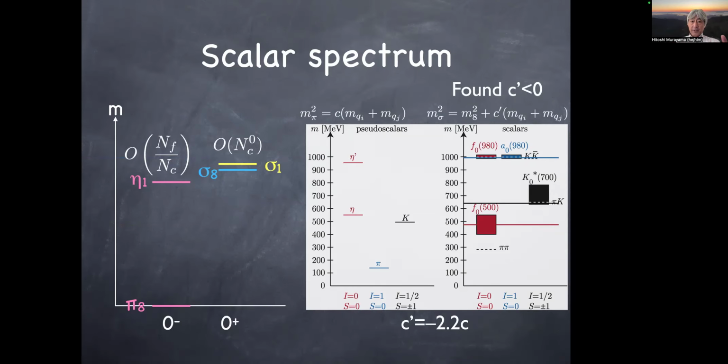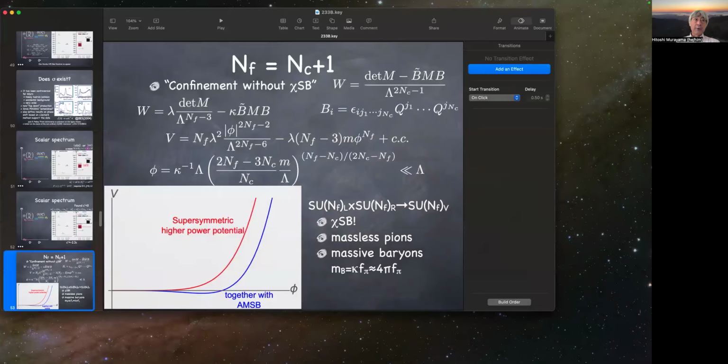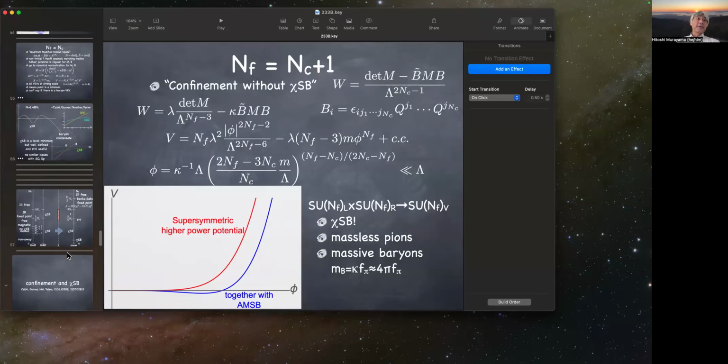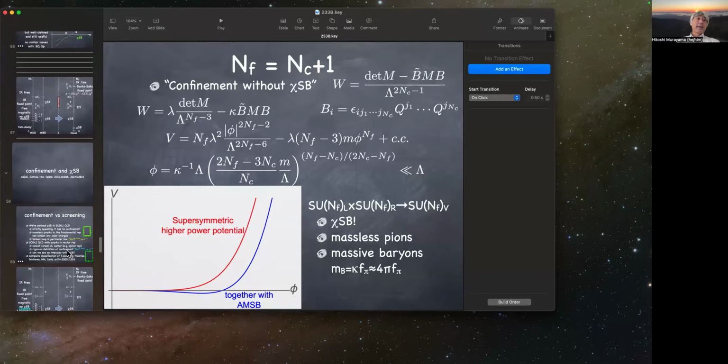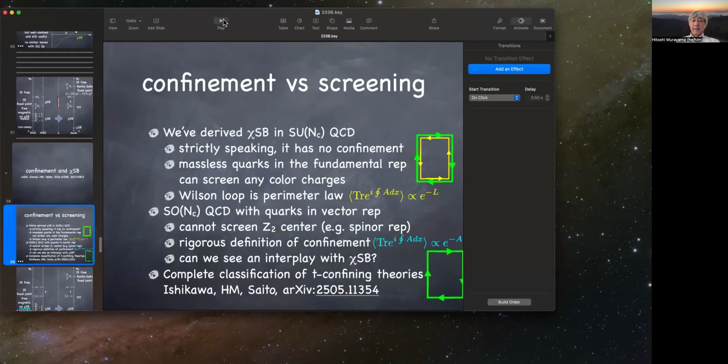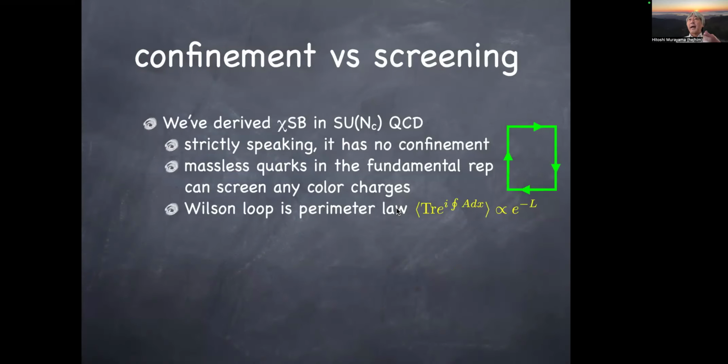Now I'm going to skip some slides because I'm running out of time and not talk about larger numbers of flavors, but mention something else. Namely that when you use SU(N) gauge theories, the Wilson loop, which is supposed to be the order parameter for confinement, can always be screened by fundamental quarks running inside the loop.